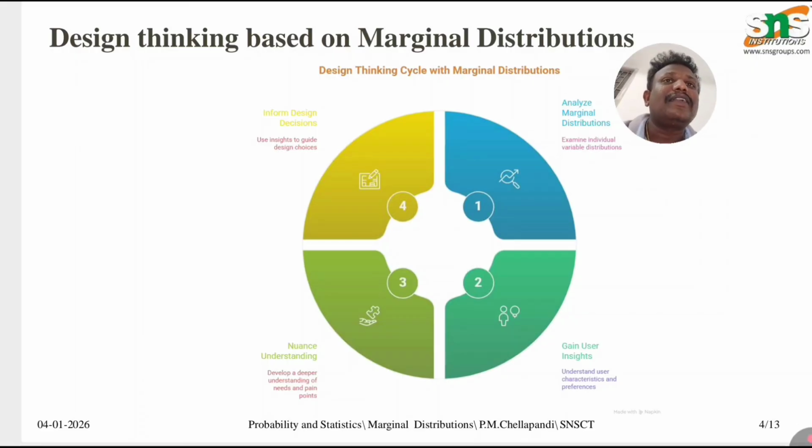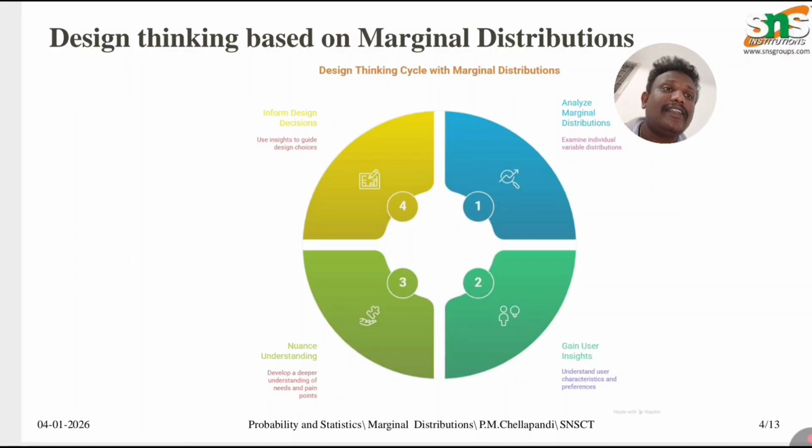So first we understand the problem statement. What is our problem statement? Extract information about a single variable, right? Next, what is the next stage in design thinking? It is ideate. From that defining part, we need to give some ideas for the solutions, right? That is our ideation part.